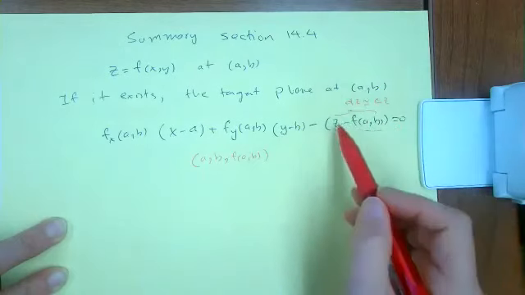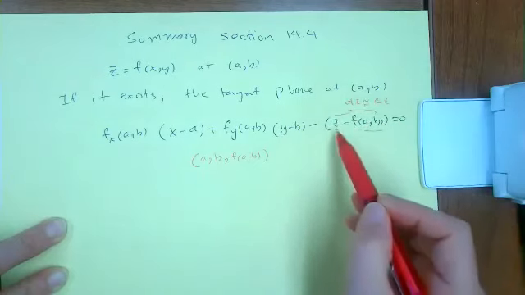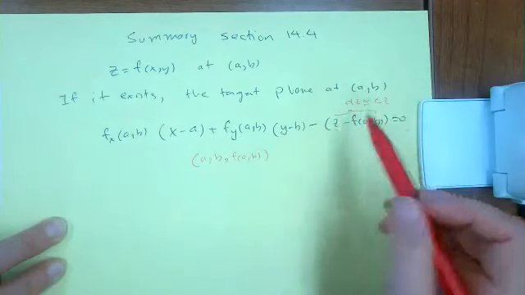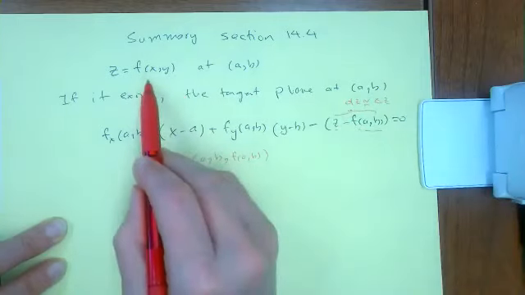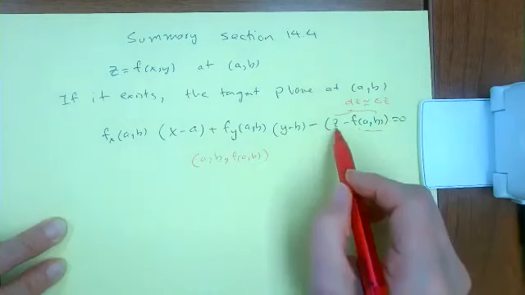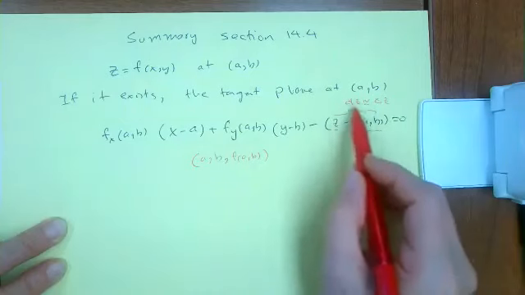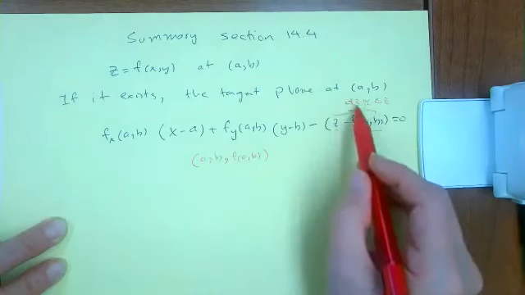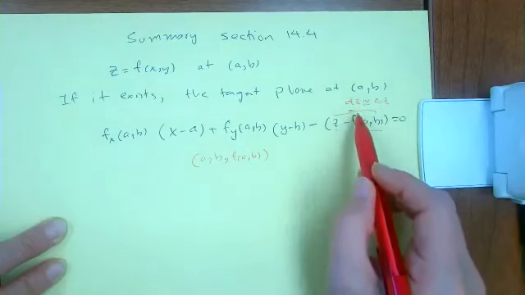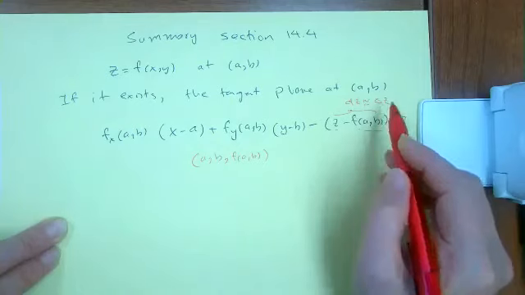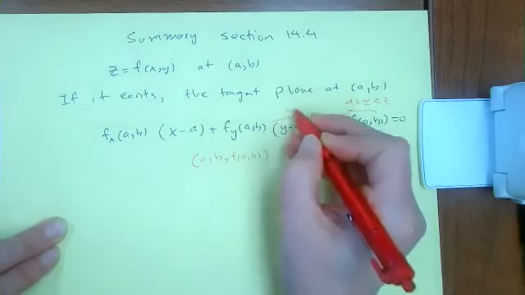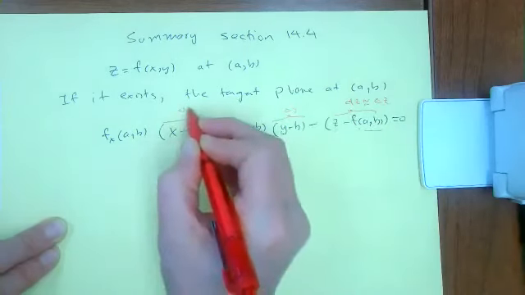That is, for points near A and B, the z value that we're expecting from this function is approximated by this z, and this is the approximation of the difference of that z value. This is the actual difference between the z values. Here is the delta y, here is delta x.